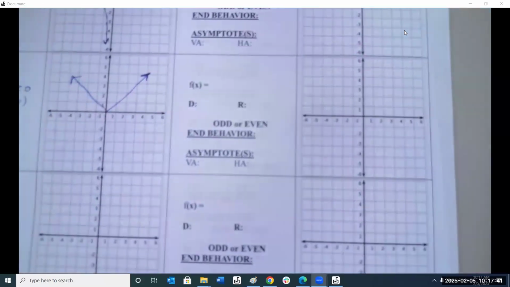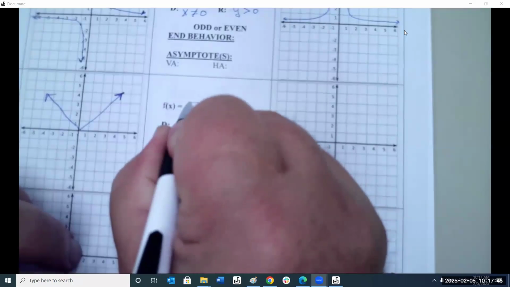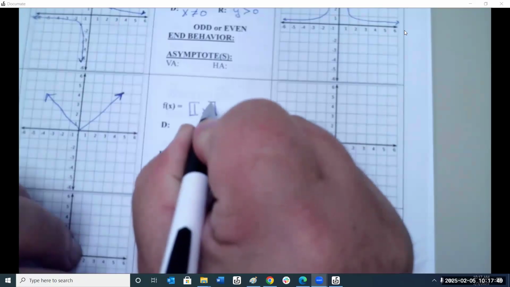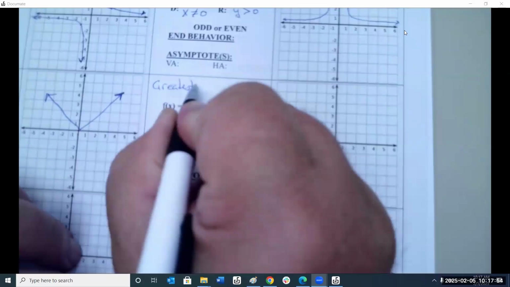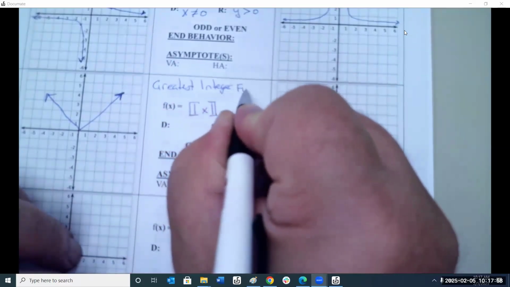I want to call it a cardinality. Call it the greatest integer function.